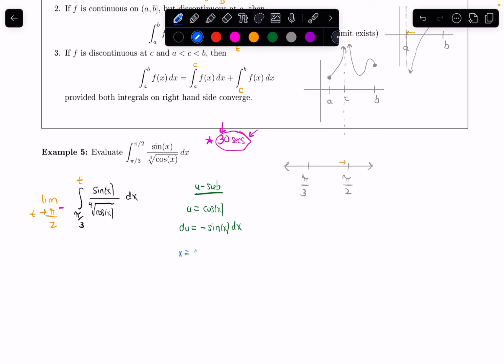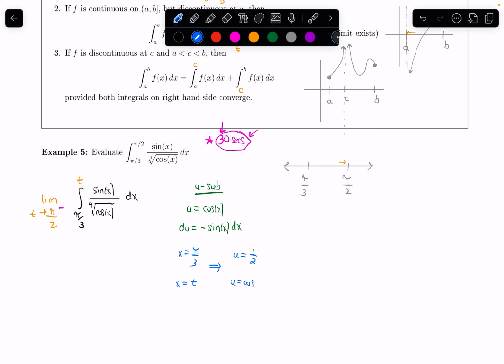Right now my limits of integration are x equals pi over 3 and x equals t. So let's plug these into the u sub. If I plug in pi over 3, we get u equals cosine of pi over 3, that's 1/2.